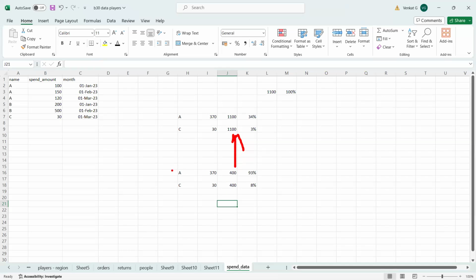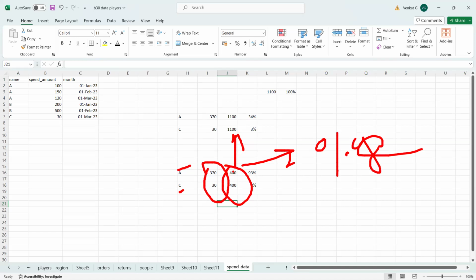Why? Because in the sheet I can see only A and C. If I do the total of A and C, it sums up to 400. Because of that, this percent of total option is changing the denominator here. You see, the numerator remains the same, but the denominator is changing.